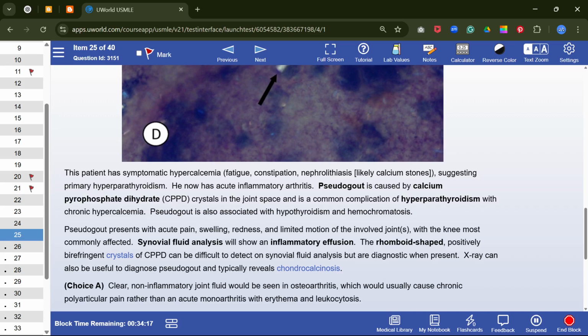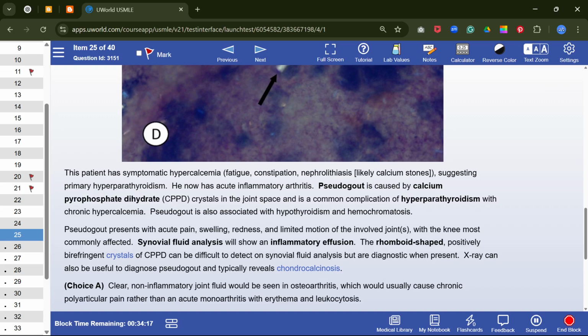Okay, so this patient has symptomatic hypercalcemia: fatigue, constipation, nephrolithiasis, likely calcium stone, suggesting primary hyperparathyroidism. He has acute inflammatory arthritis.